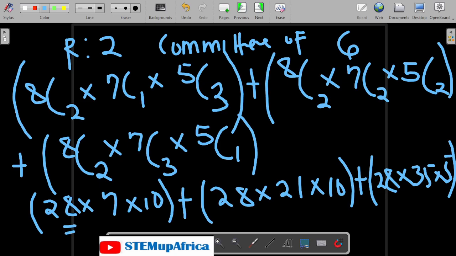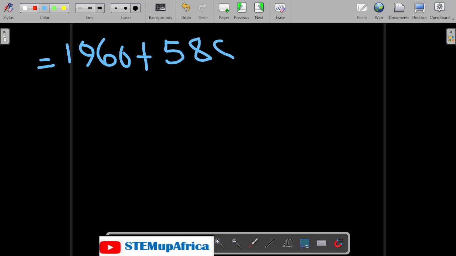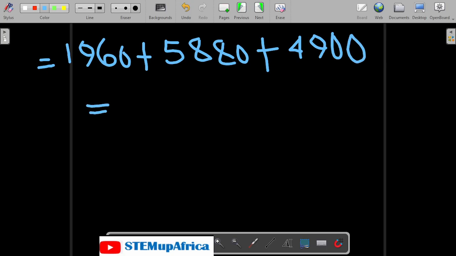So if I multiply, 28 times 7 times 10 gives us 1960. Then 21 times 10 times 28 gives us 5880, plus 35 times 5 times 28 gives us 4900. If I add up, I'm going to have 12,740 ways to do this selection.